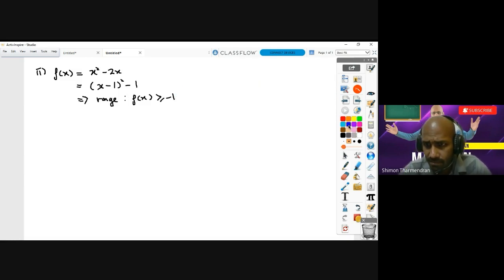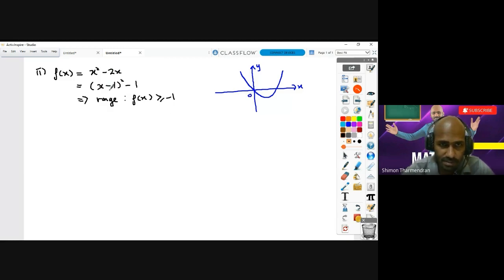Now, if I were to draw a simple sketch over here, we know that this is going to be a smiley face graph, cutting through the origin. It's going to go down here, cut through 0, 0, and turn back up. And the turning point, you see inside the bracket.